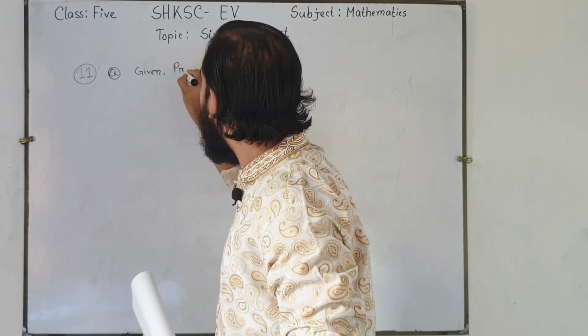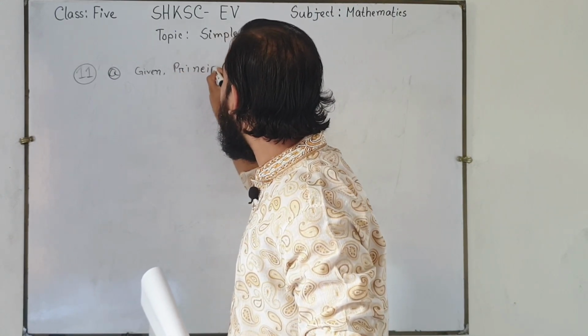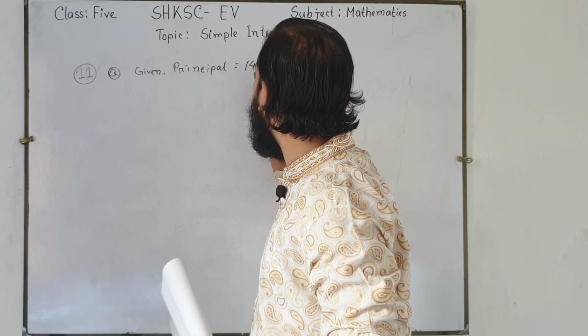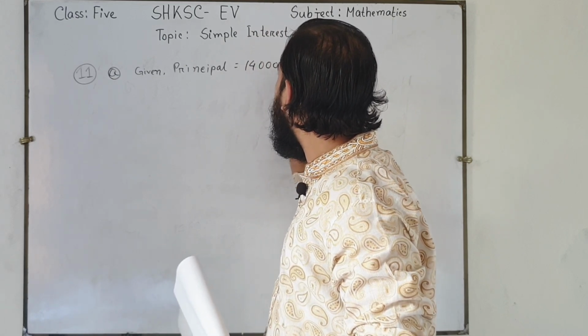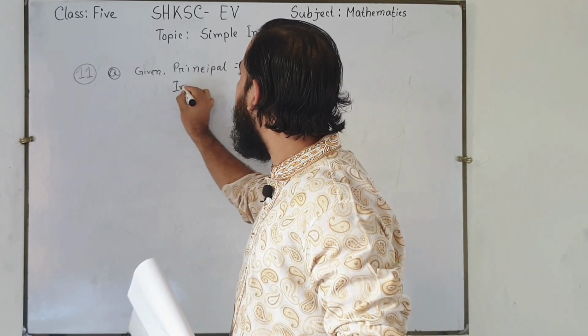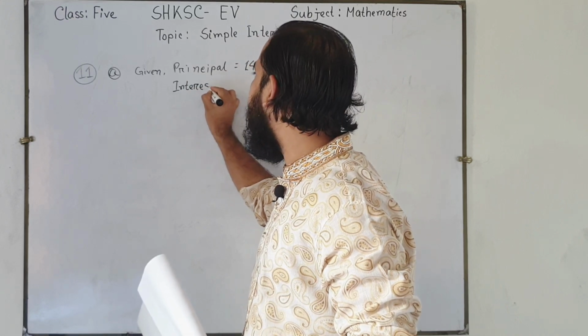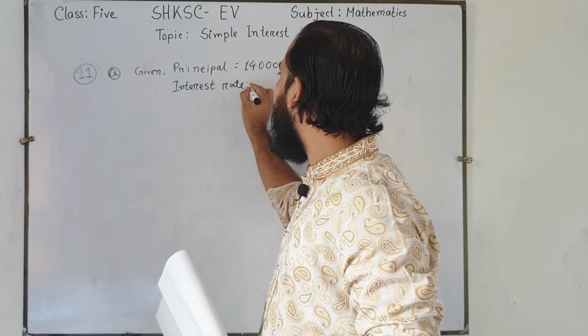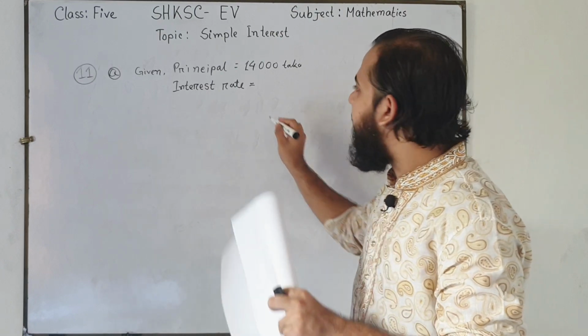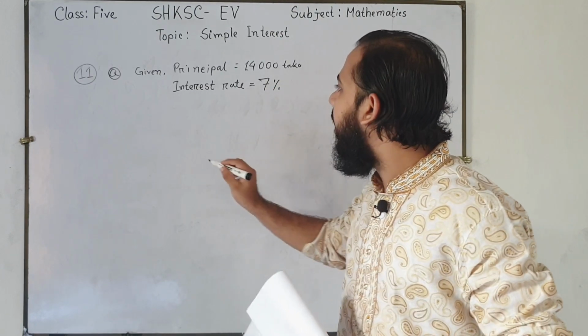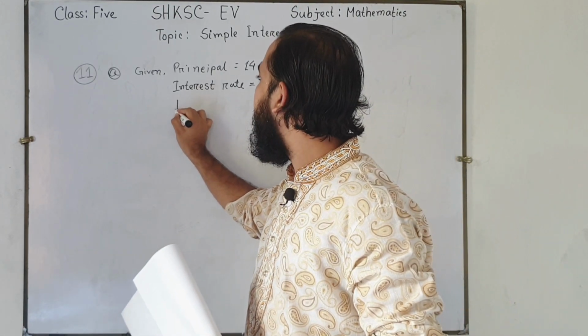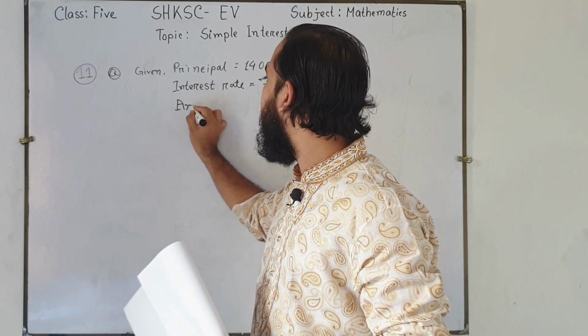Principal amount is equal to 14,000 taka, and interest rate, annual interest rate or interest rate is the same, annual interest rate is equal to 7%, and we have to find the annual interest.